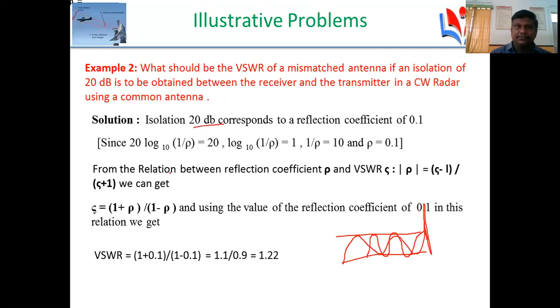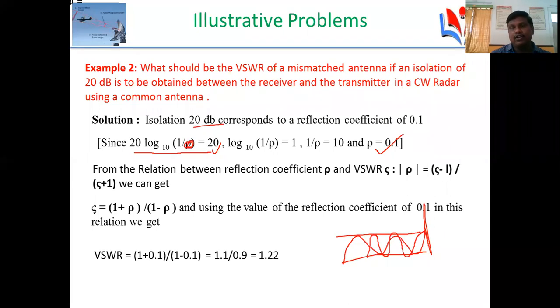So 20 log 1 by rho, where rho is the reflection coefficient, equals 20 decibels. From that we can calculate the rho value, because 20 log 10 of 1 by rho equals 20. So 20 by 20 gives log 1 by rho equals 1, so 1 by rho equals 10 and rho equals 0.1. So the reflection coefficient is 0.1.